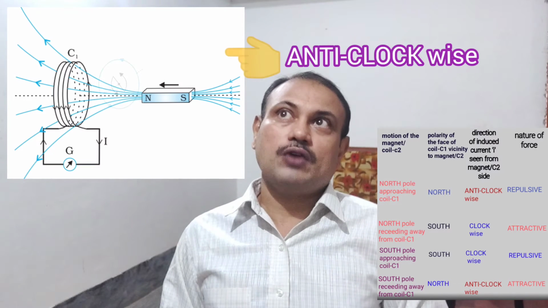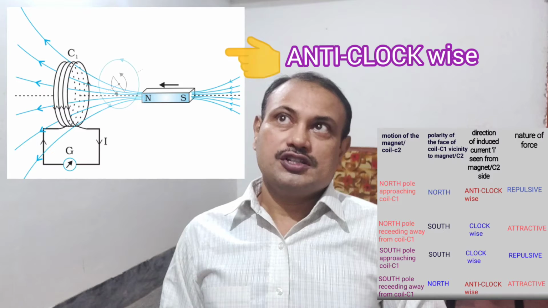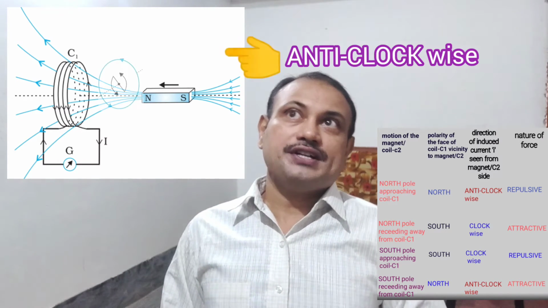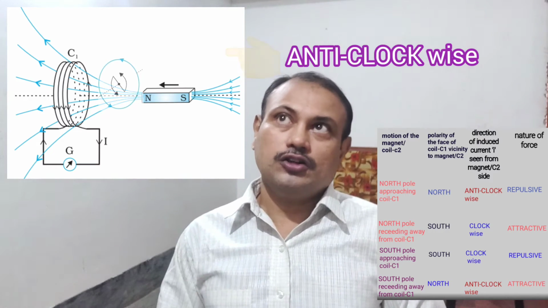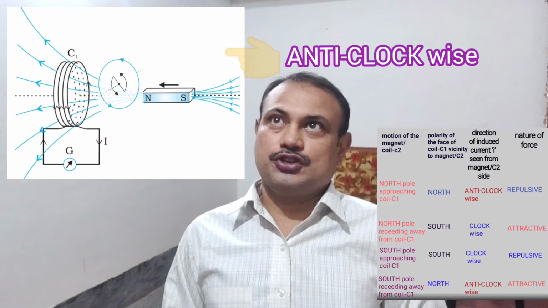When it is anticlockwise, you can apply the right hand grip rule to see that the magnetic field lines are directed towards the north pole, and that face being a north pole, it opposes. So north pole opposes, and therefore that phenomenon is opposition.